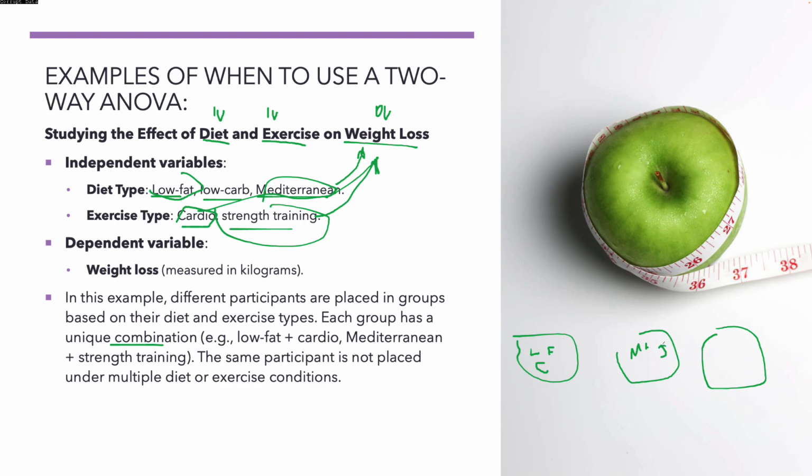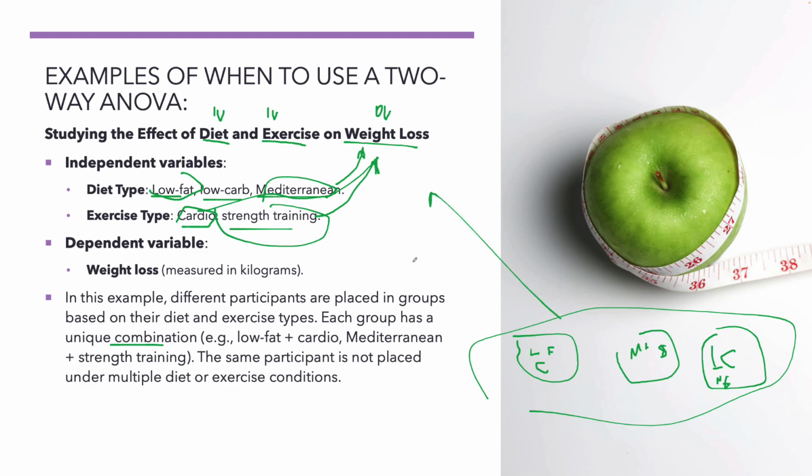Oh, that looks like an S. And then we might have a third one, which is just low carb and no exercise, right? And we'll say no exercise. Well, now I have 3 groups. And which one of these 3 groups with different independent variables and different levels is going to impact weight loss? I hope that makes sense.